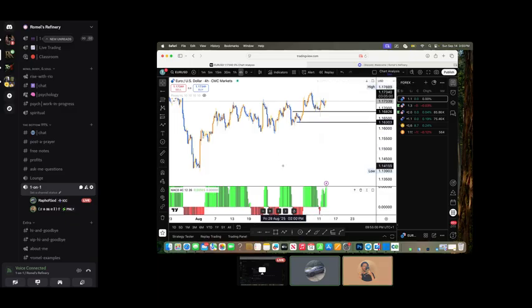And then mark out the high that was made before that lower high. The high up there, all the way up there, the one to the right. Yep, right here.